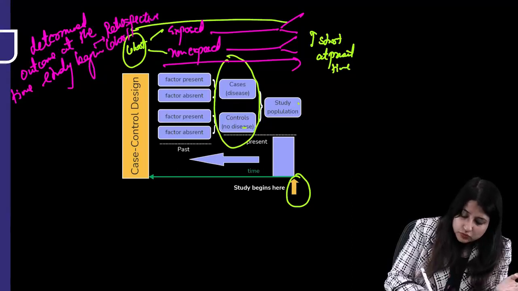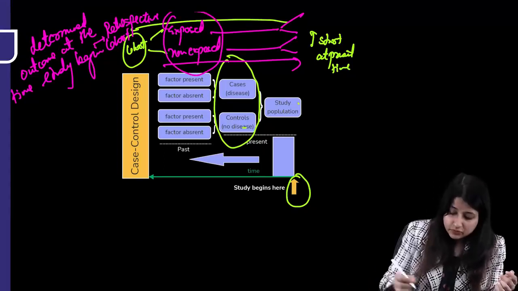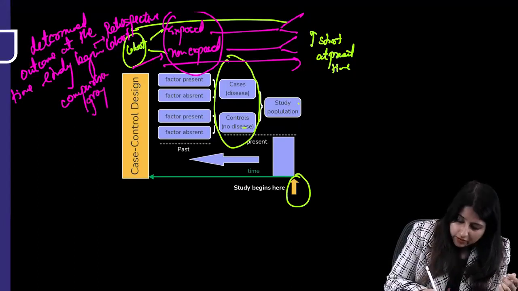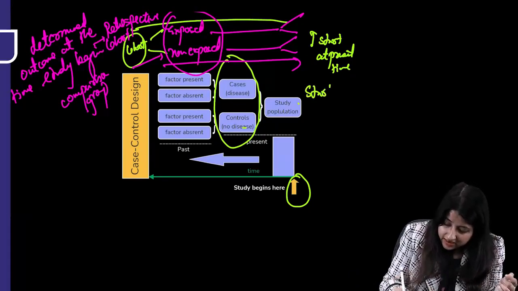And the important thing is, what were you comparing? You were still comparing exposed and non-exposed, okay? This was my comparison group. But look at case control now. In case control, we start with diseased and non-diseased.